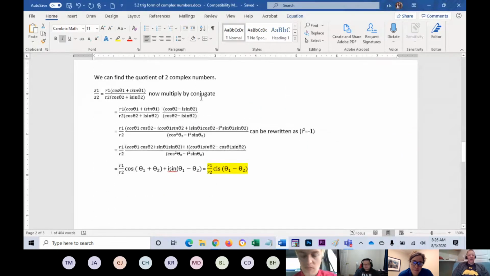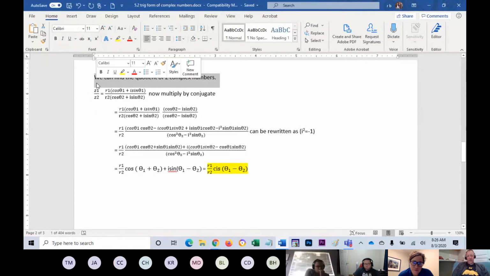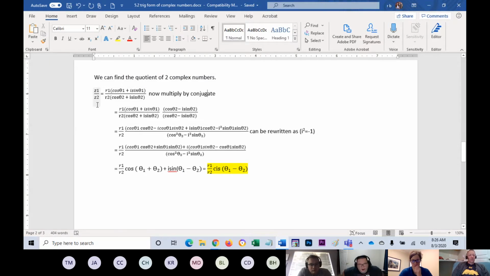So now we're going to find the quotient of two complex numbers. We are really moving fast. Okay. So if I take two complex numbers, z1 divided by z2, I'm going to write this as r1 cosine theta 1 plus i sine theta 1 over r2 cosine theta 2 plus i sine theta 2.